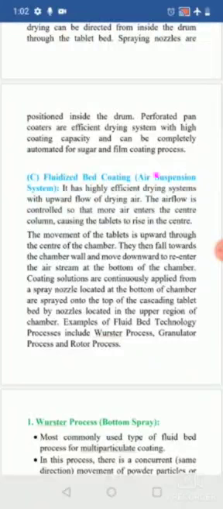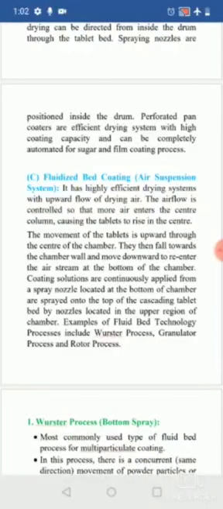So like that there will be uniform mixing of the coating solution, as well as uniform drying. It has a high efficiency drying system, with upward flow of drying air. Means we are going to put the air in from the bottom.